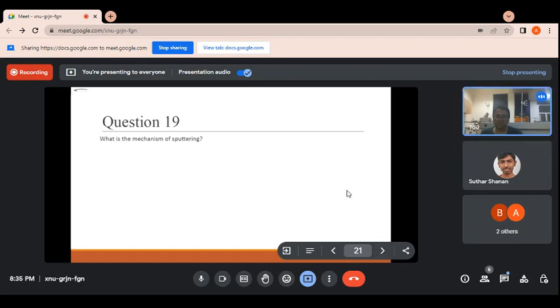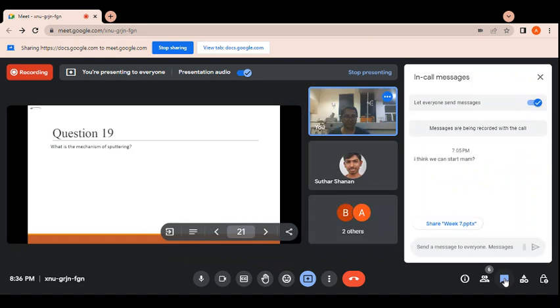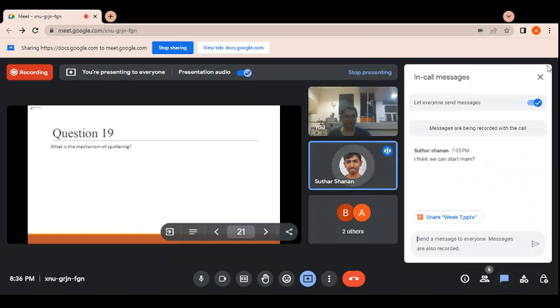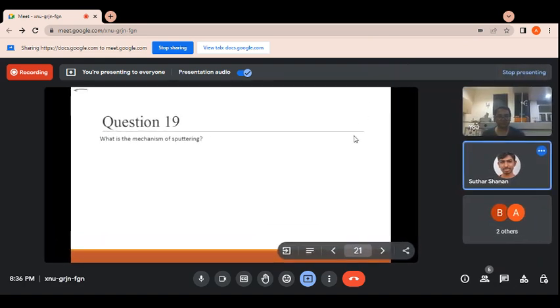Now the question we already explained: what is the mechanism of sputtering? Can you explain again? Ma'am, what is the mechanism of the sputtering system? How is sputtering working? Sputtering involves first creating the environment, as we said.